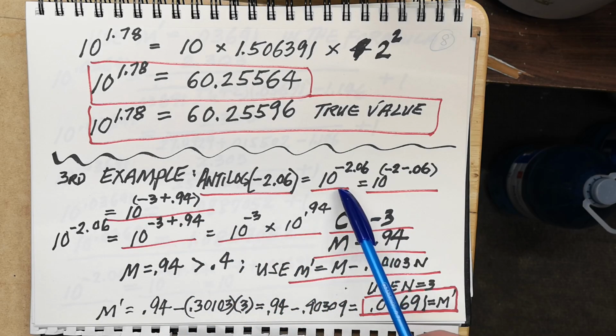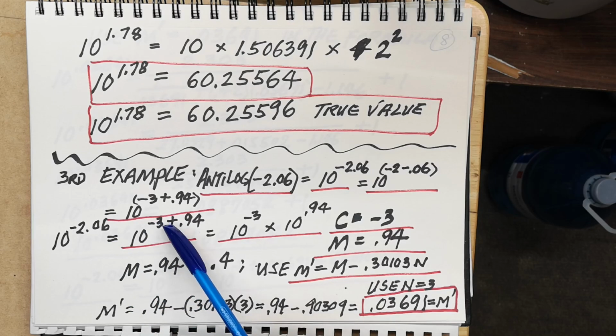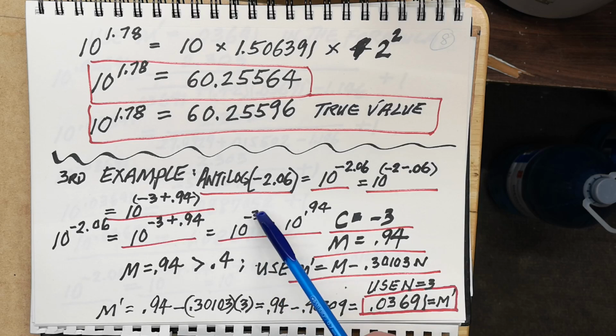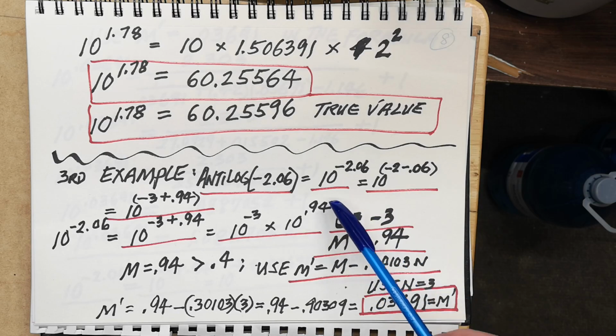So therefore, 10 to the negative 2.06 is actually equal to 10 to the negative 3 plus 0.94. We know that 10 to the negative 3 is just 1 over 1,000. So now our problem is to solve for 10 to the 0.94.